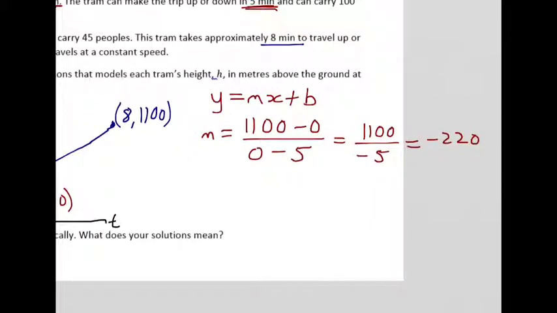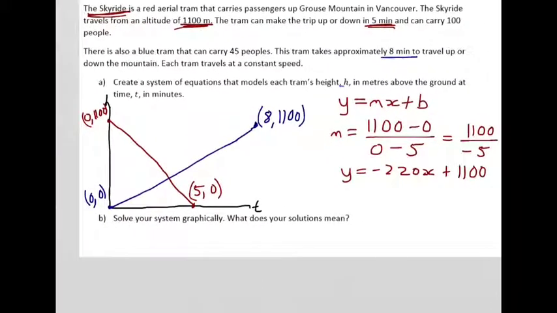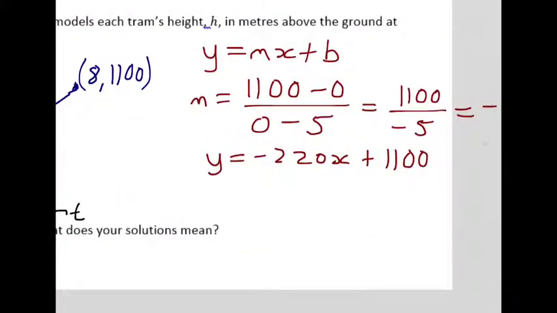And so putting this in the slope-intercept form, I have negative 220x plus my y-intercept, which was 1100. And to make my variables more relevant to the problem, I'm going to replace y with h, the height, and I'm going to replace x with t, time.